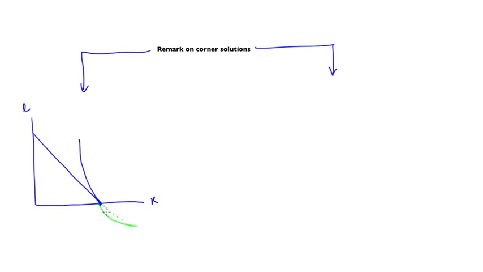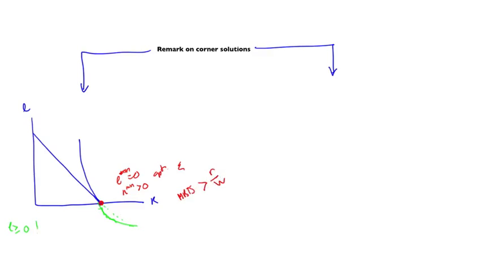You would like to move in this direction, but that is not feasible because labor has to be greater than or equal to 0. So in this particular case, you could imagine having a point like this that has L mean equal to 0, K mean greater than 0, that is optimum and satisfies that the marginal rate of technological substitution is greater than the relative prices.